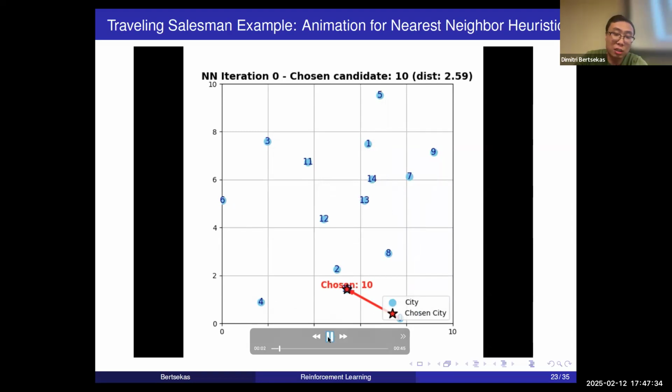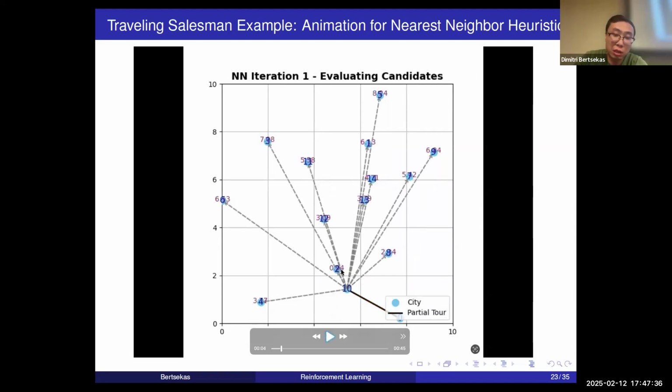And the second city to choose is, again, compare the distance between all the remaining cities to city 10, and you can see city 2 is nearest. So at each point, evaluate all the possible next cities that have not been visited, and the number marked here is the immediate distance from the city to the candidate city.